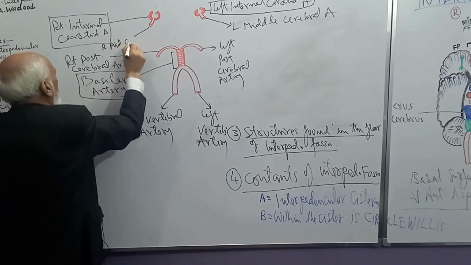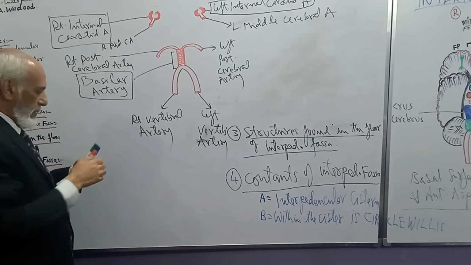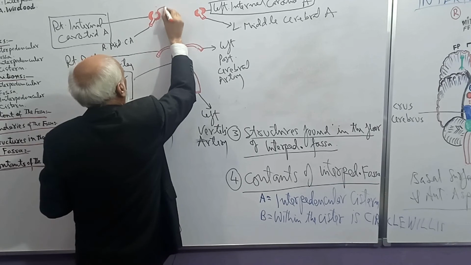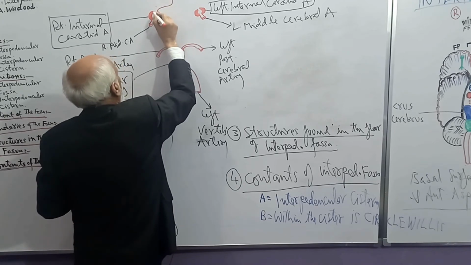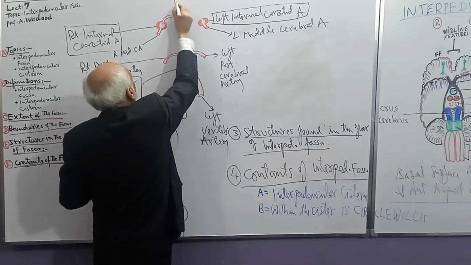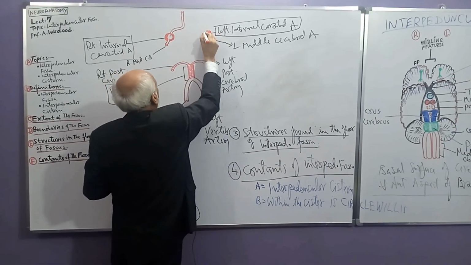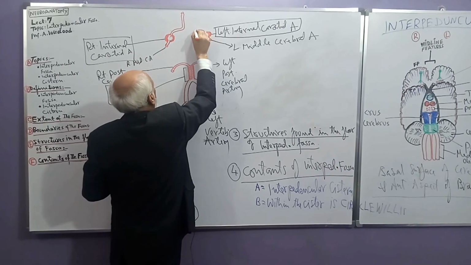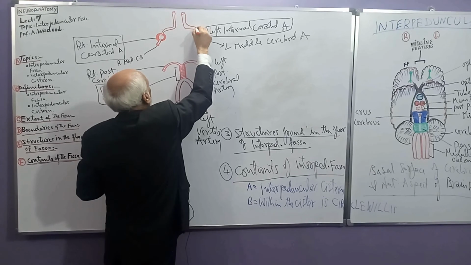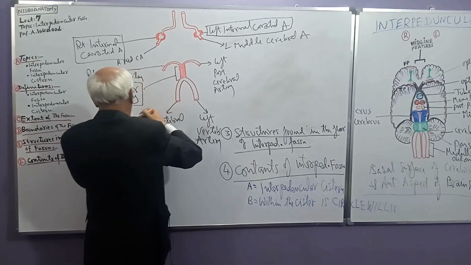This is the left middle cerebral artery, and this is the right middle cerebral artery. Then two other branches are the anterior cerebral arteries. This is the right anterior cerebral artery, and this is the left anterior cerebral artery.